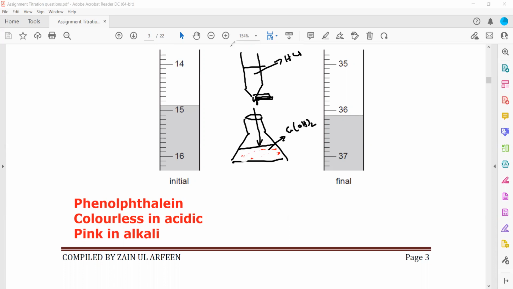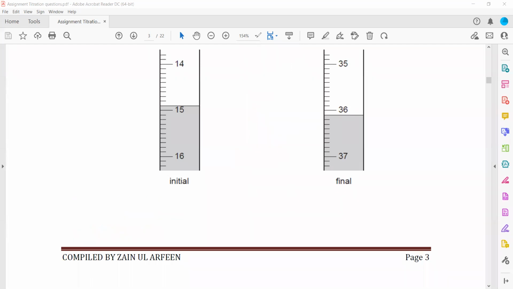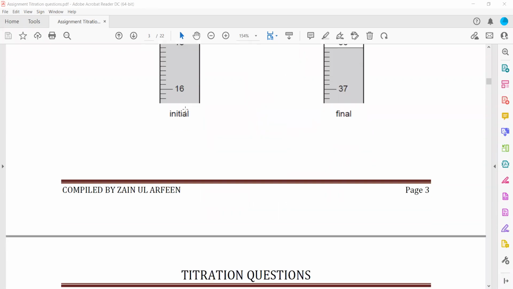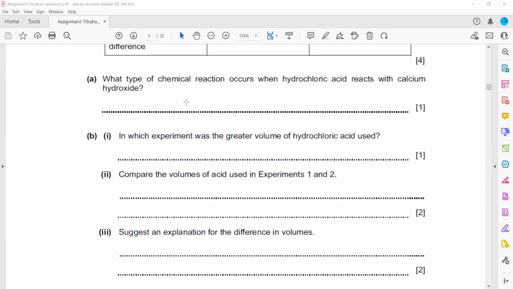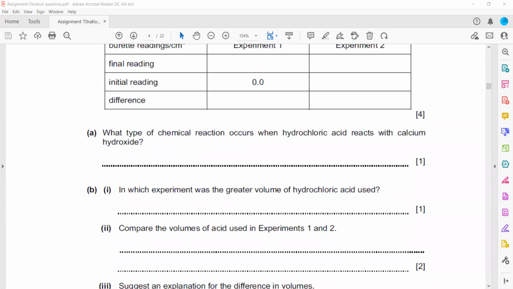When we add another extra drop of HCl, the solution will be acidic, and in acidic, phenolphthalein is colorless. So it will change from pink to colorless. Intensity of the color depends on the concentration, but even if there's one molecule, a small quantity, it will show a color change. In which experiment was a greater volume of hydrochloric acid used?